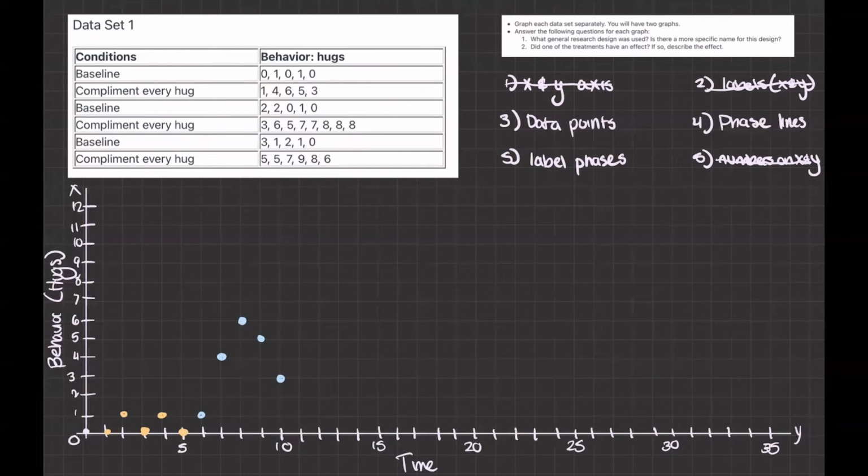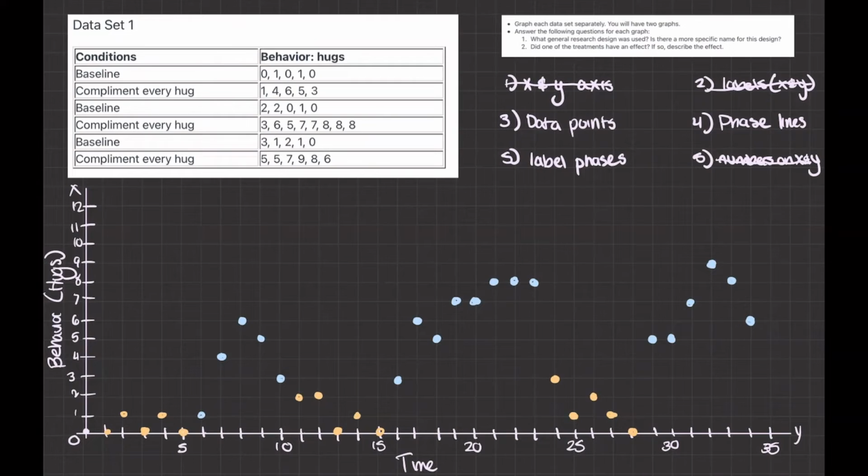And then we go back to the baseline, right? So we got 2, 2, 0, 1, 0. I will fill out the rest of the data points off camera, so if you're following along, pause the video. So this is what your data point should look like about.